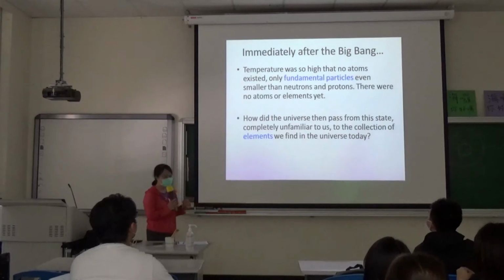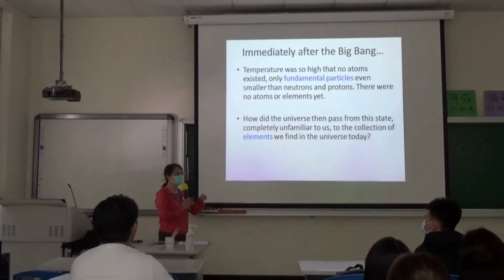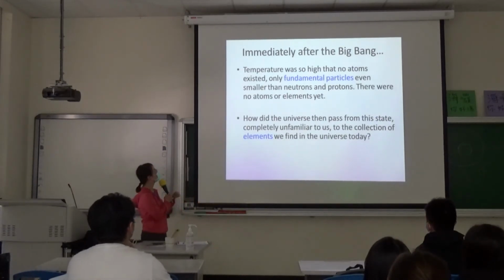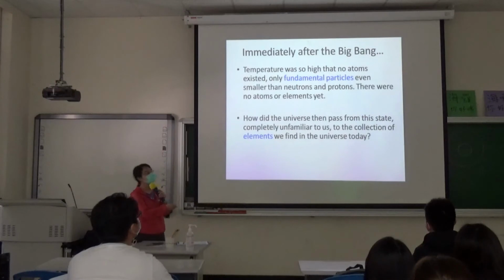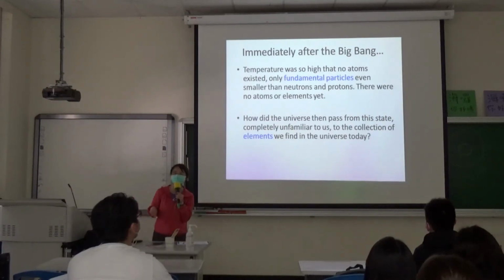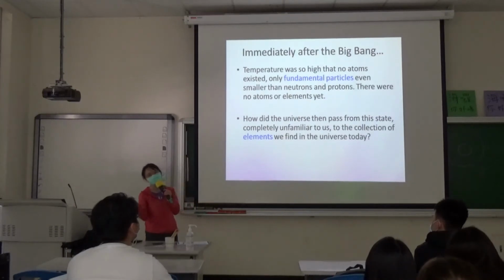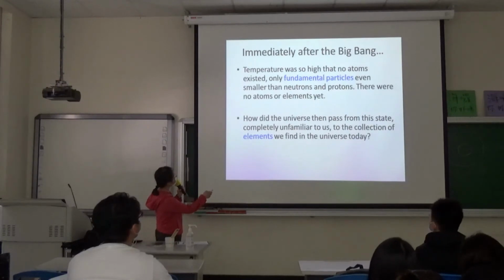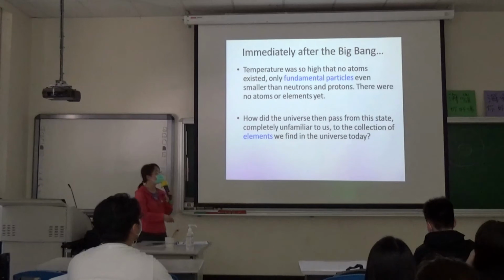In that book he also described what scientists imagine happened right after the Big Bang: the temperature was so high that no atoms existed, only fundamental particles like quarks, even smaller than neutrons or protons. There were no atoms or elements yet.